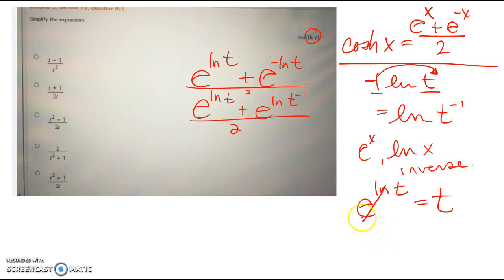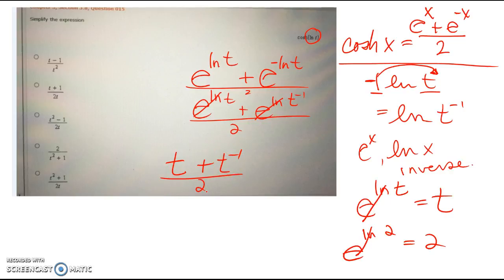Remember, we tested that in our calculator. We took e and we raised it to the natural log of 2, and it equals 2. So what we have here is this first e to the natural log of t. That undoes each other, and I'm left with t. E to the natural log of t to the negative 1, I'm left with t to the negative 1, over 2.